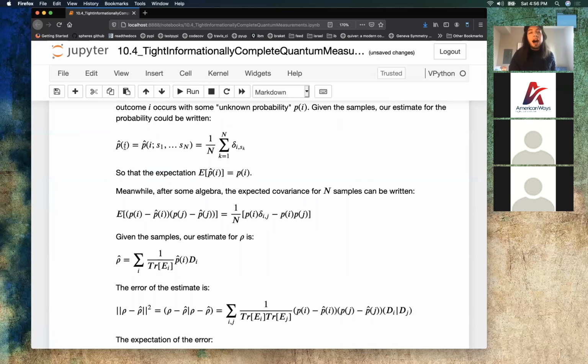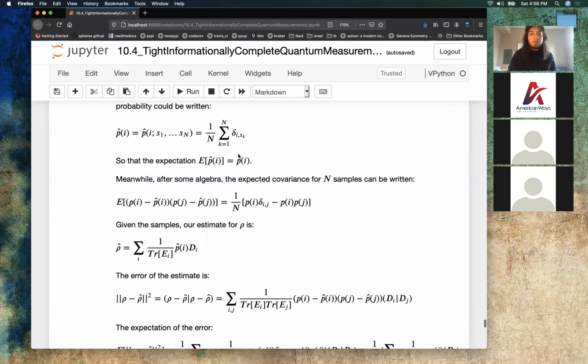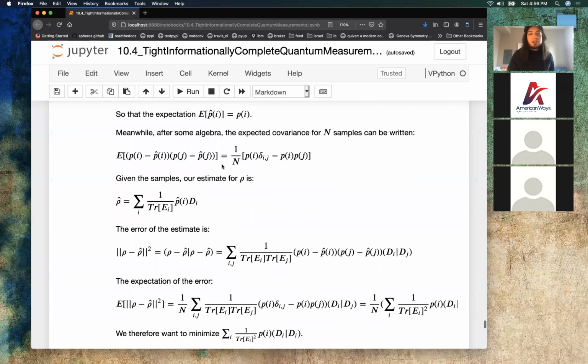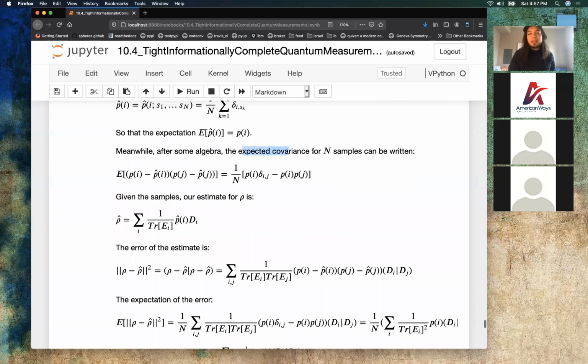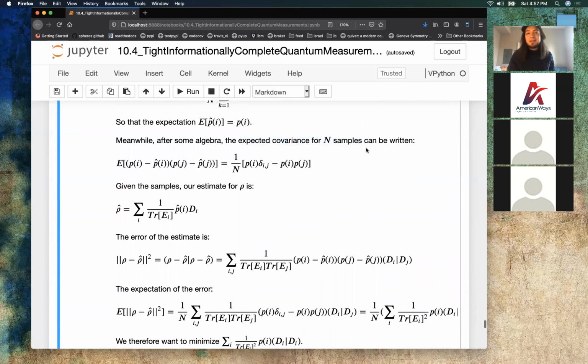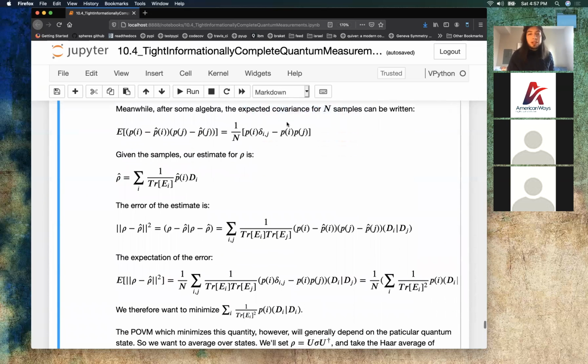It's just saying, for i, go over all the samples, set all the samples for a different outcome to 0, add up all the ones where that outcome happened, assign it value 1, divide by the number of samples, and you just get the reconstructed probability. So after some algebra, you might be interested in the expected covariance after n samples, which it turns out you can write like this. And we're going to use that little fact in a moment.